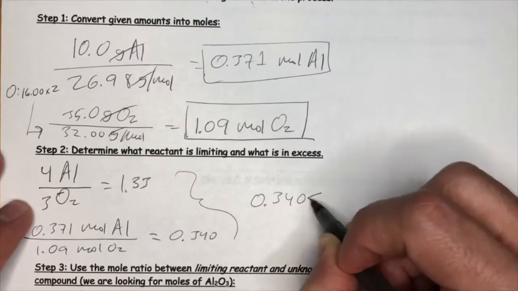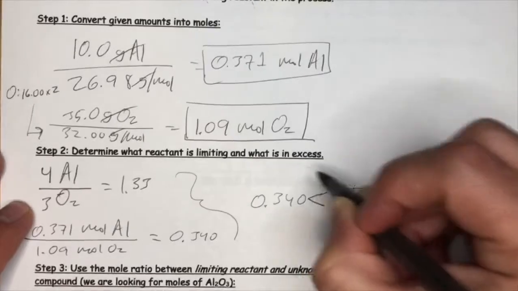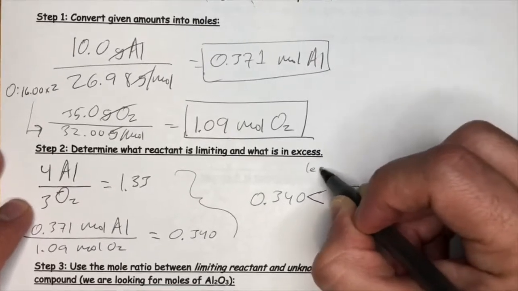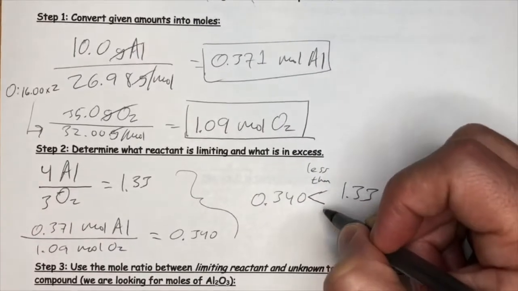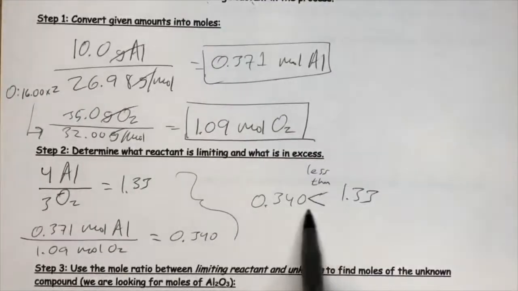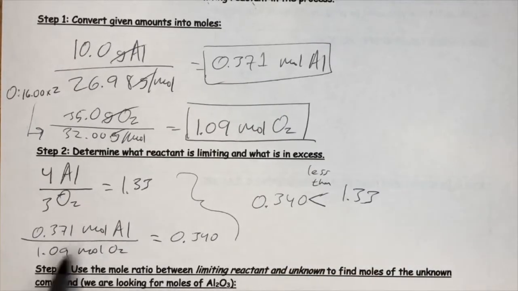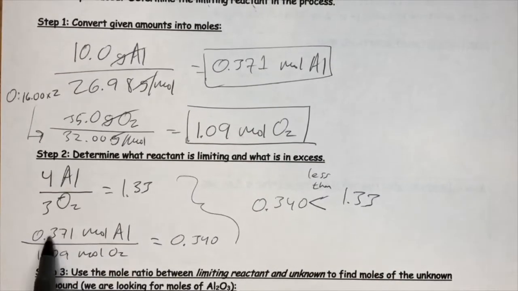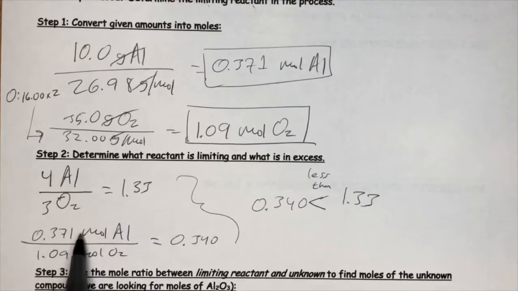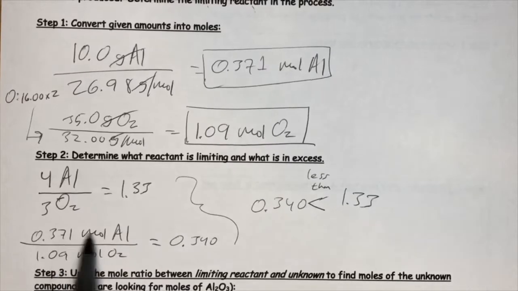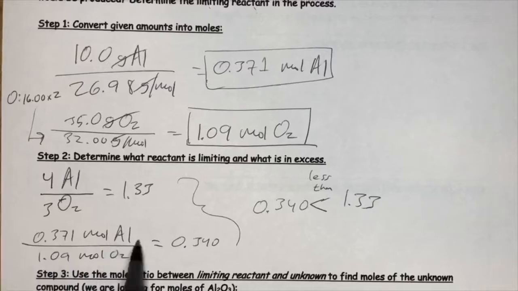All right, let's compare these two numbers real quick. 0.340 is way less than 1.33. All right, it's less than, right? That's what that symbol means, the little arrow thing. So what this means is, okay, since the part of the fraction that would cause our answer to be less, in this case, would be the numerator.